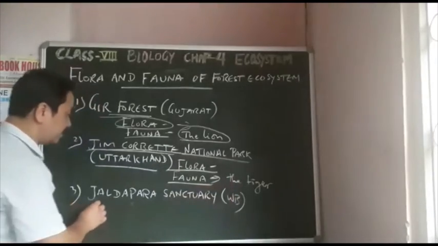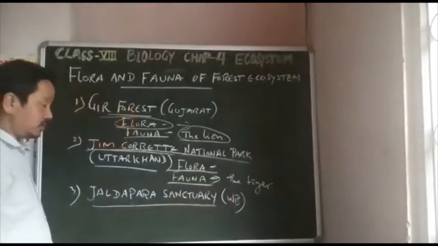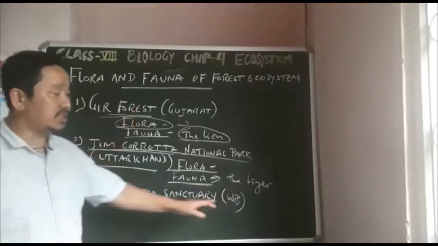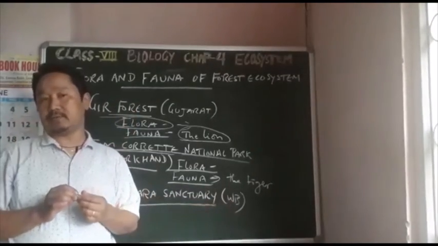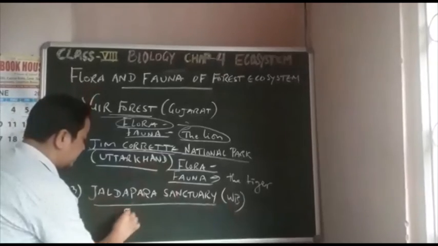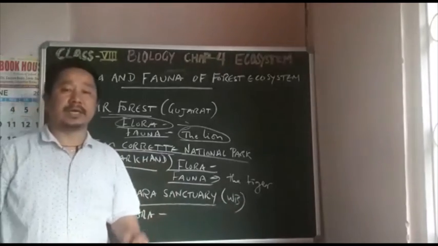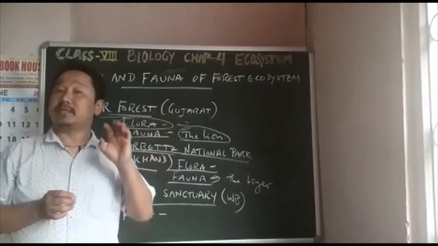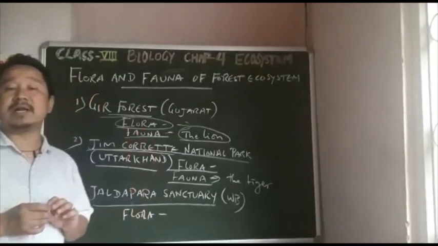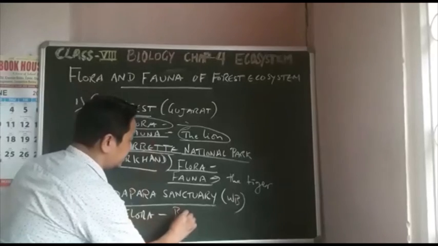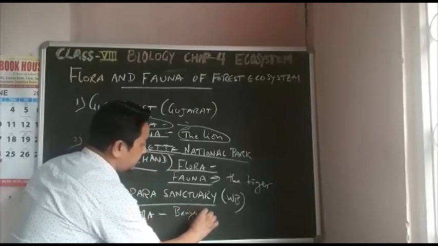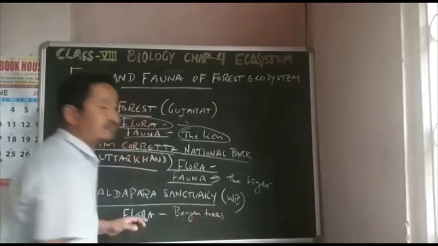Now we have Jaldapada Sanctuary, which is located in West Bengal itself. The flora present in this forest: there are many other trees, but especially here we find banyan trees. Mainly in this forest we find banyan trees.